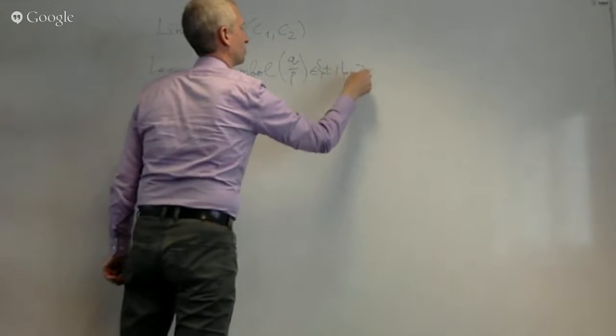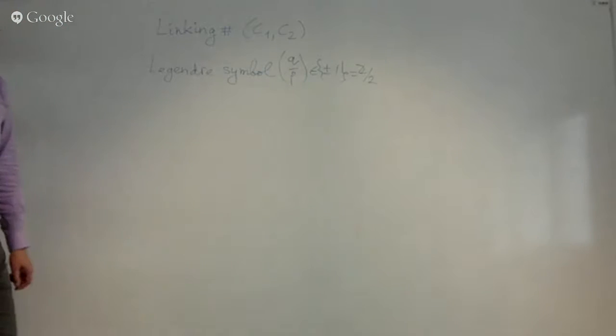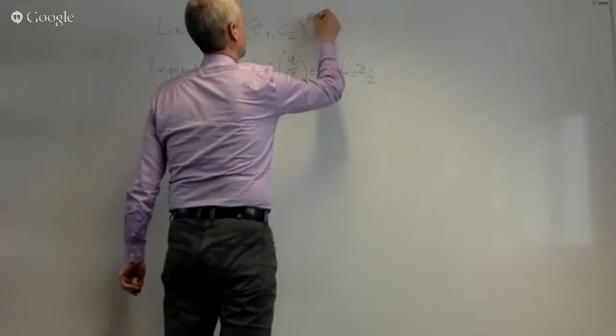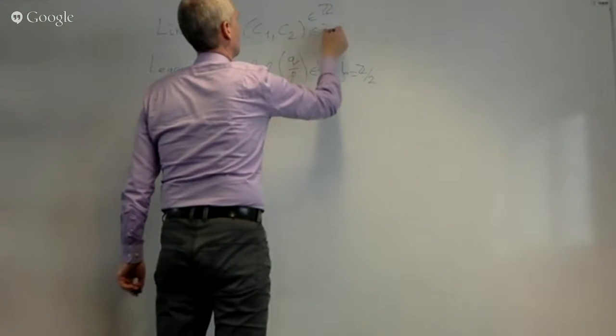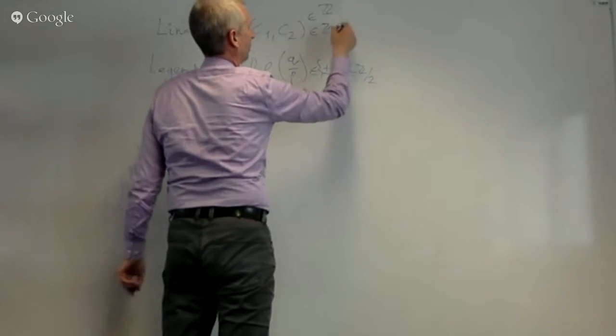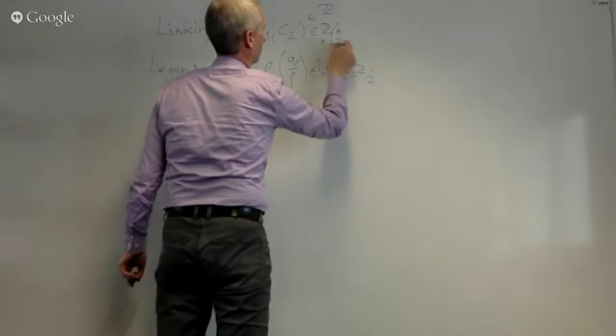You can also look at 0 and 2. It can lie in Z, or it can lie in Z mod n, with n equal to 2.